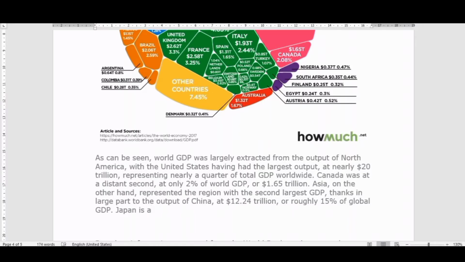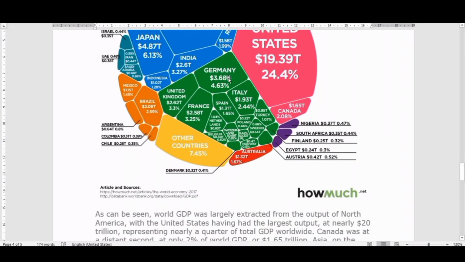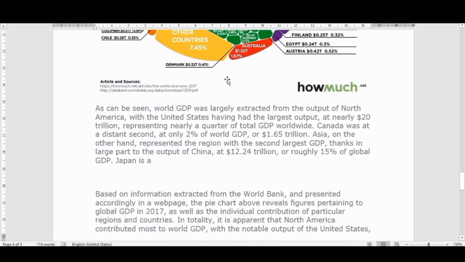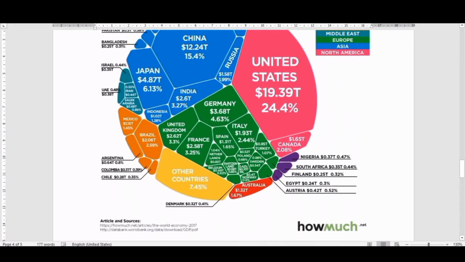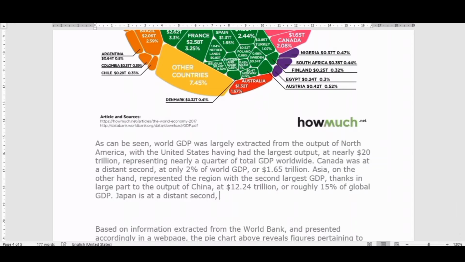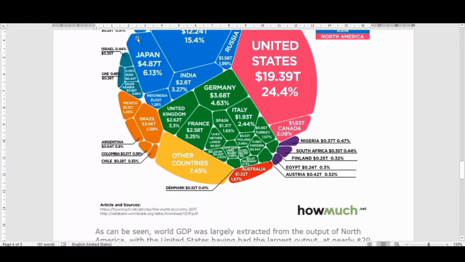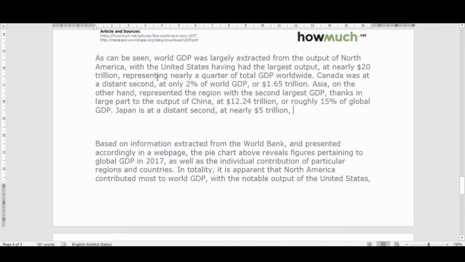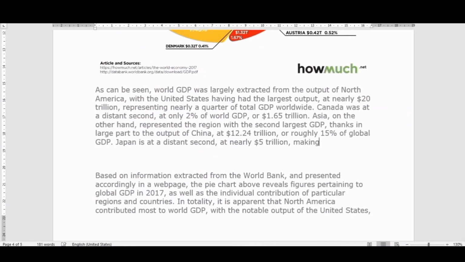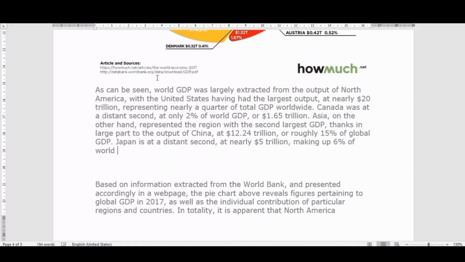Japan is, let's group Japan and India together. No, let's mention Japan separately. Japan is at a distant second, there at nearly 5 trillion, making up 6% of world GDP.